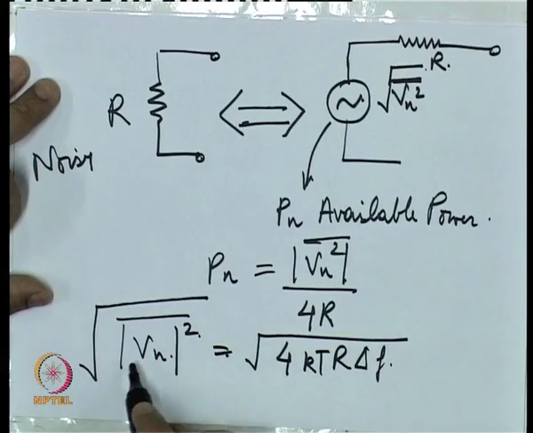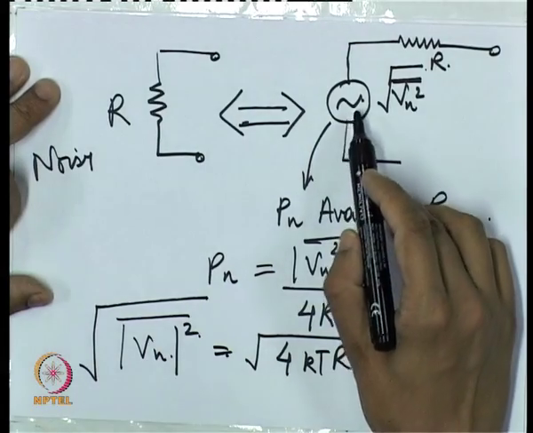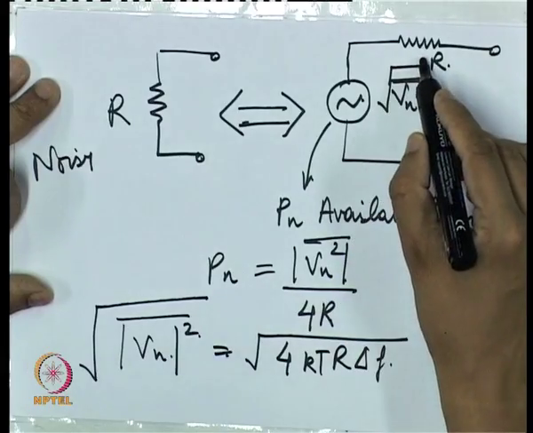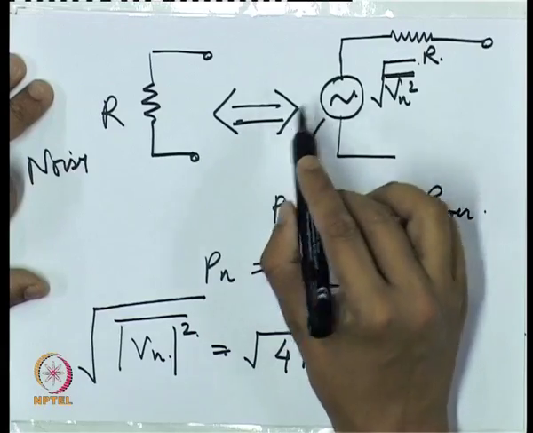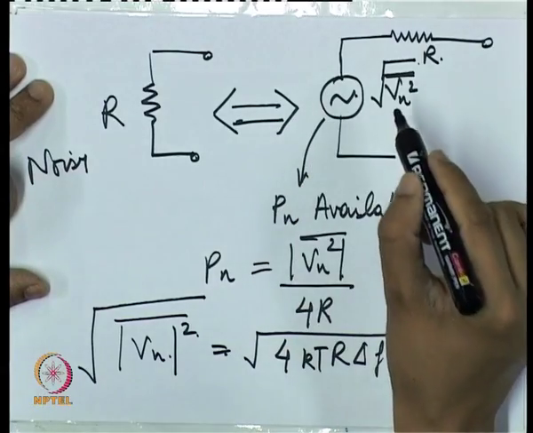So, this is the equivalent noise voltage that is always present when you have a resistance. The detailed derivation can be seen in the book by Gonzalez.